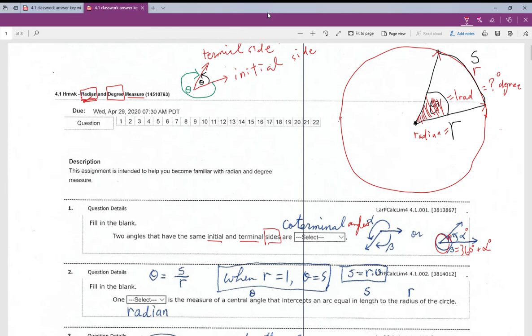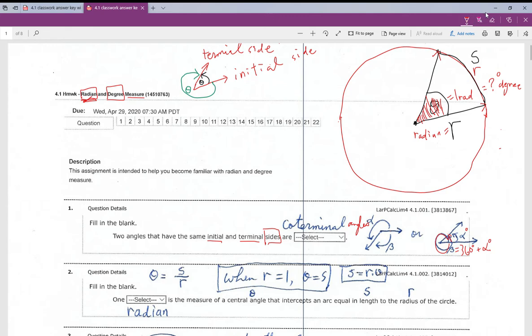1 radian: inside a circle, you open an angle, and the opening is the same size as the radius. Then we call this 1 radian.